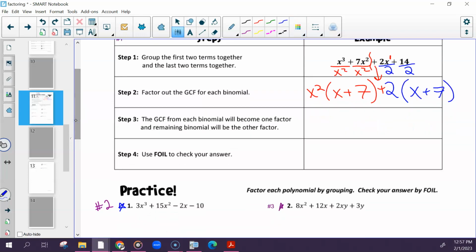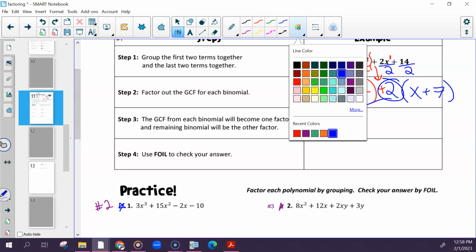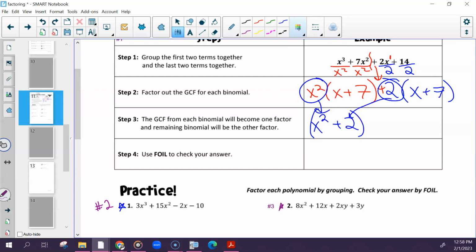The next part, you're going to take the outside numbers, whatever you factored out, you're going to put those together inside parentheses. Then if your insides are the same, which they should be, that's really the same factor written twice.